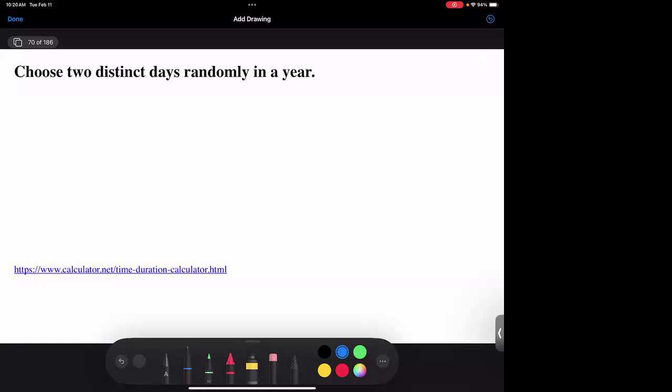And I'm sending it to everybody right now by email as well, so you have it in both places. So I'll give everybody a minute to calculate the distance between the 2 days. All right. Has everybody calculated the differences between the 2 days?